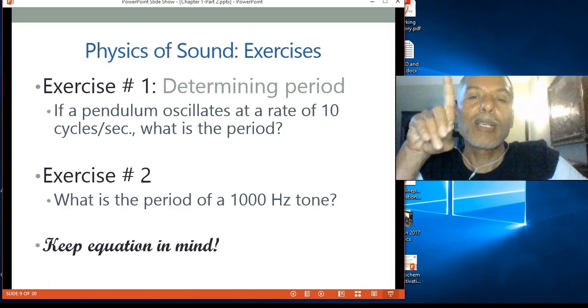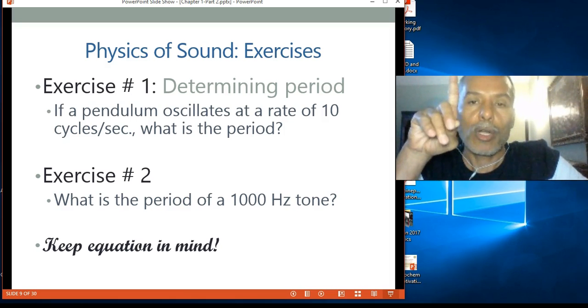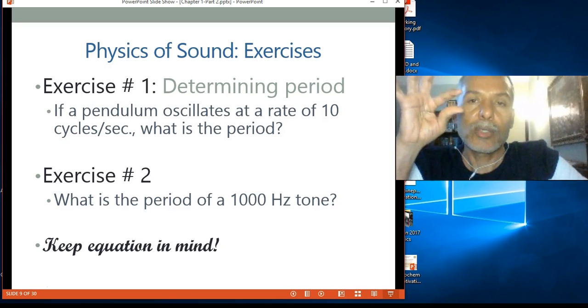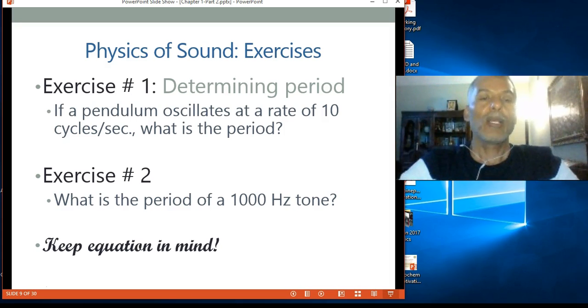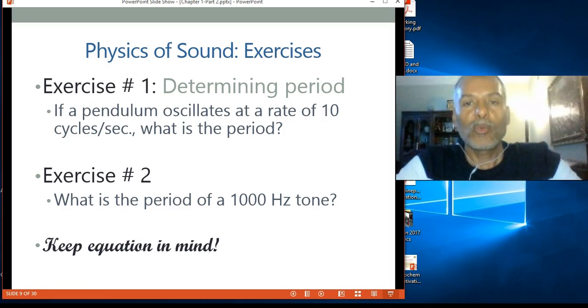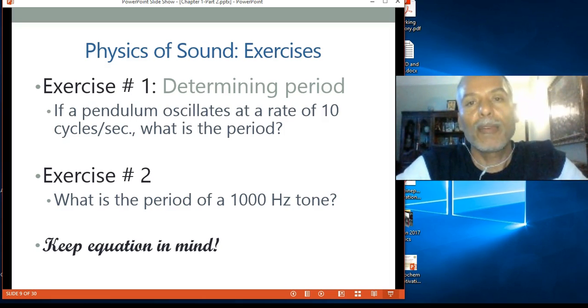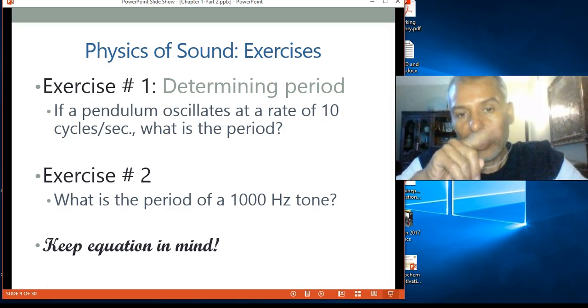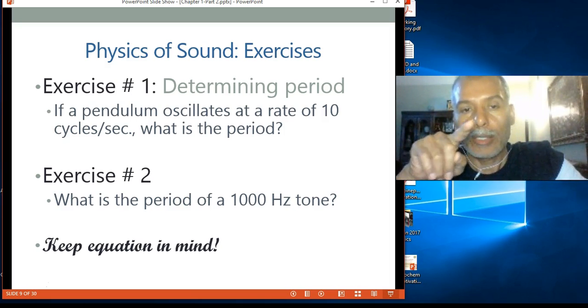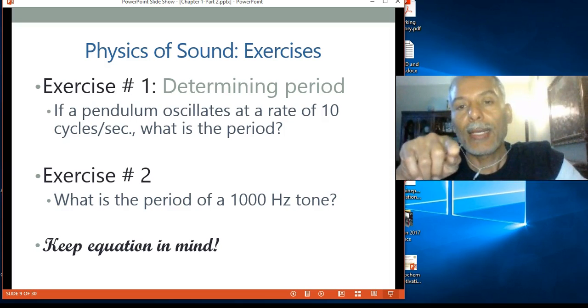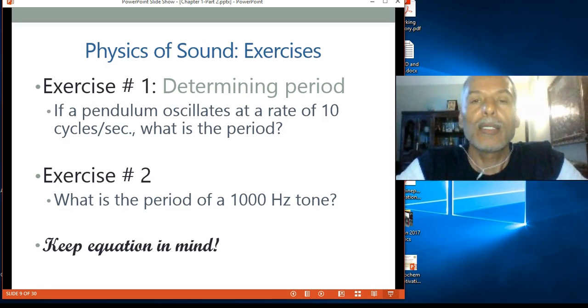How long will it take for one of these 10 vibrations to occur? What is the length of time it takes one single vibration? So your magic equation will be 1 divided by 1, you're looking for period, which is T, equals 1 second divided by 10 equals, and you run it into your calculator, and this is what you get.